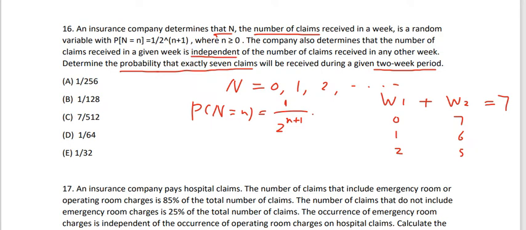So we can find, let's say, for N1 equals 0, N2 equals 7, such a probability is 1 over 2n plus 1. When n equals 7, this is 15... so this is 1 over 9.